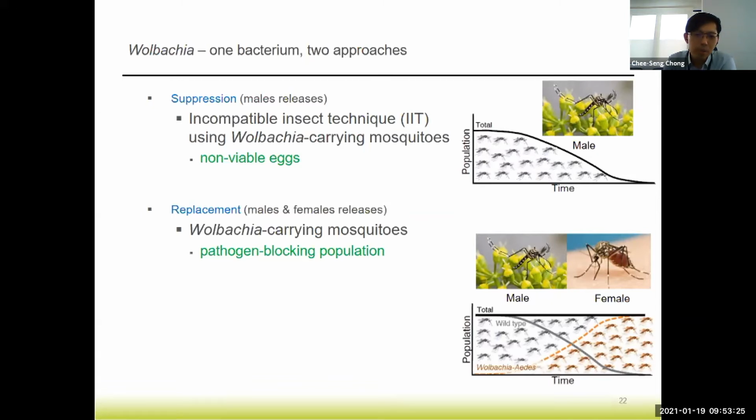But if you adopt the replacement approach where you release both males and females of the Wolbachia infected mosquitoes, that's where you will over time replace the population with the Wolbachia carrying ones. So let me discuss in more detail how these two approaches work.